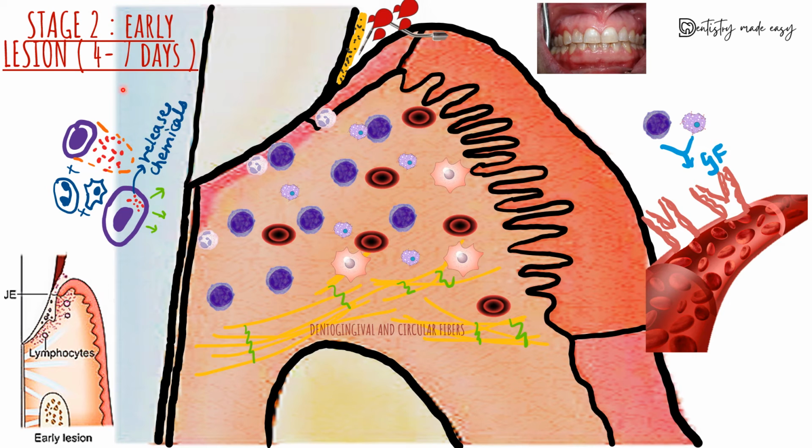When they are trying to kill the bacteria, they release certain chemicals, and because of that they also destroy certain good or normal structures, and because of this the collagen is damaged. So in this stage 2, almost 70% of collagen is damaged, and the major fibers damaged are the dentogingival and the circular fibers.